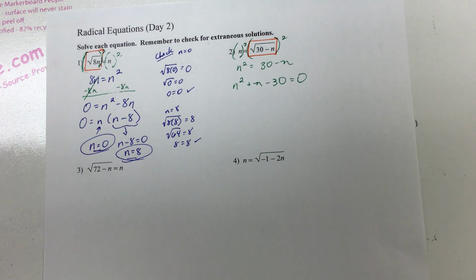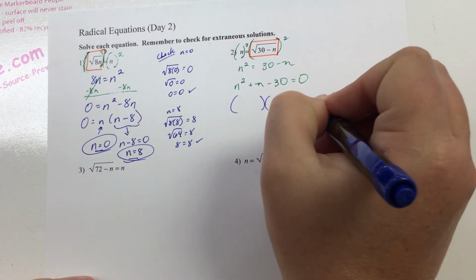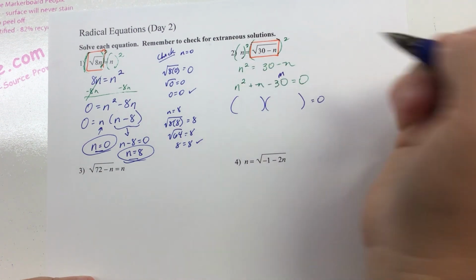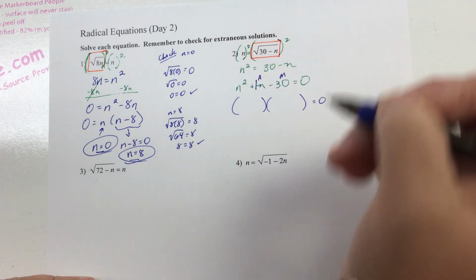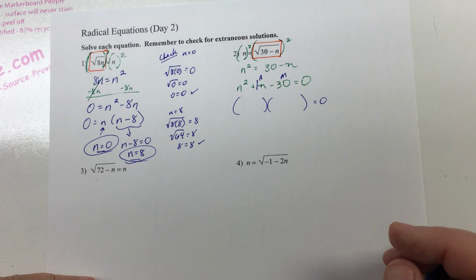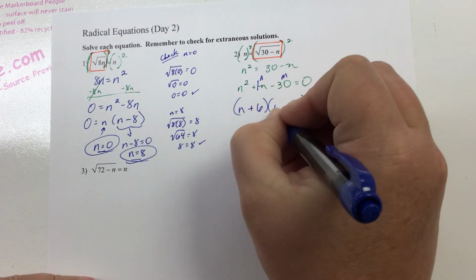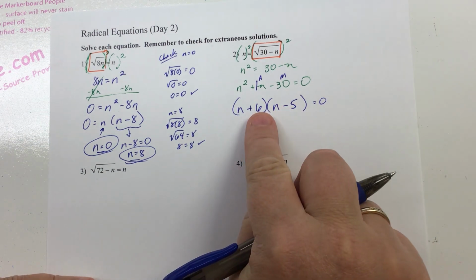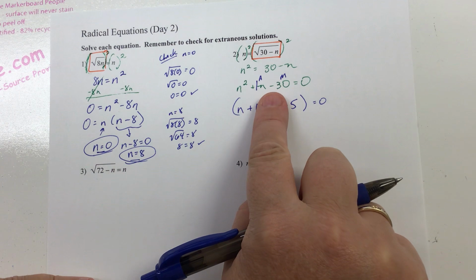To factor this, thinking back to our Algebra 1 skills, you are looking for two numbers that multiply to give negative 30 and add to give 1. Think for a moment. I can think of positive 6 and negative 5. 6 times negative 5 is negative 30, and 6 plus negative 5 is positive 1.